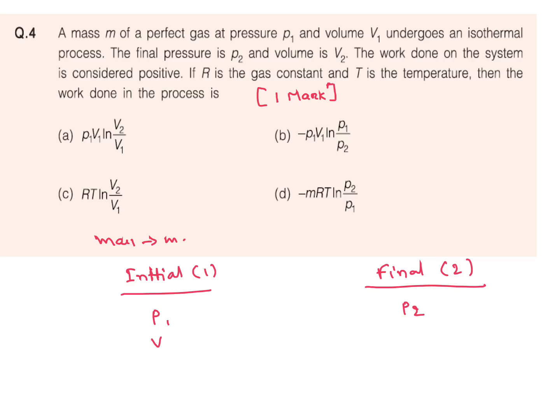Initial volume is V1, final volume is V2. Temperature is T1, T2. And this is an isothermal process, so T1 equal to T2. Work done we have to calculate. Here work done on the system is considered as positive.